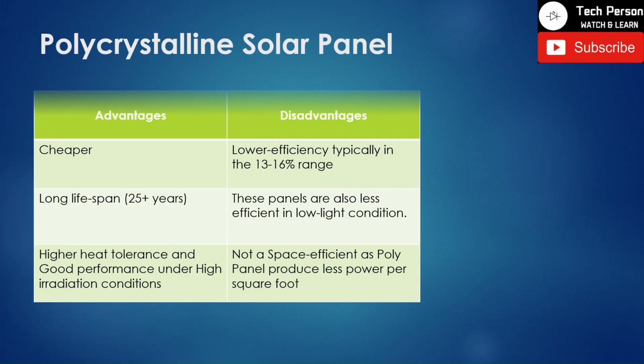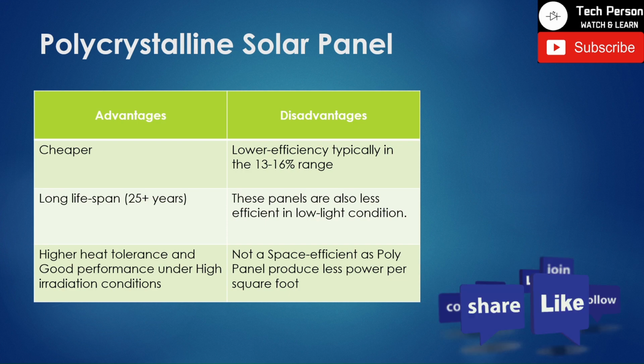Then we will see the advantages and disadvantages of polycrystallines. One of the biggest advantages is that these panels are cheaper compared to monocrystalline, and a disadvantage is that they have lower efficiency, with cell efficiency ranging from 13 to 16%.